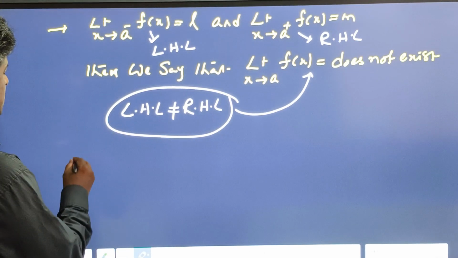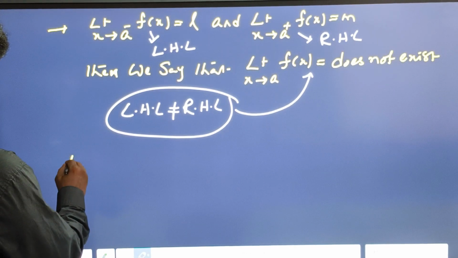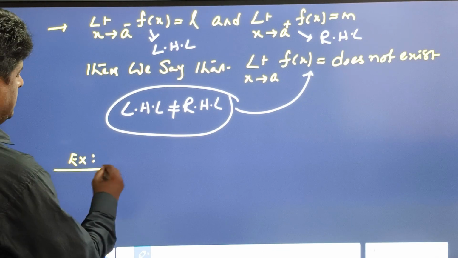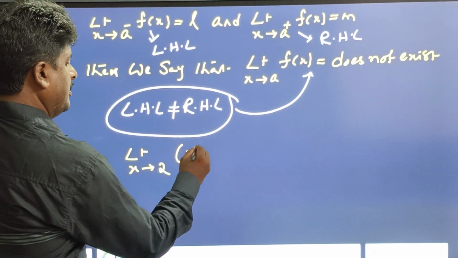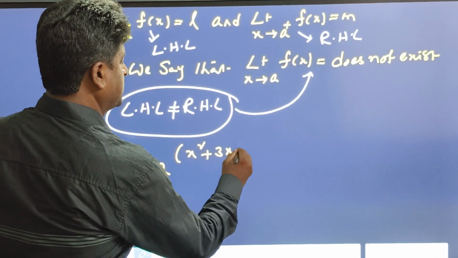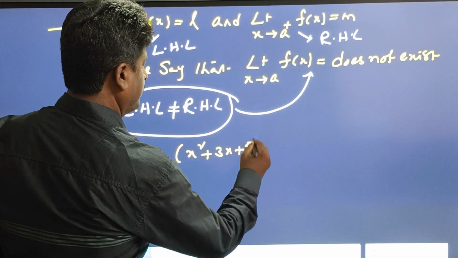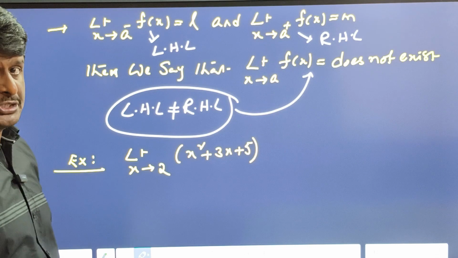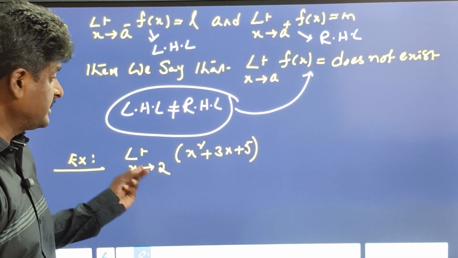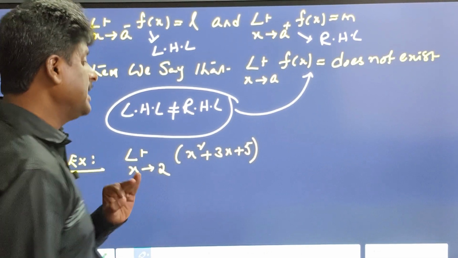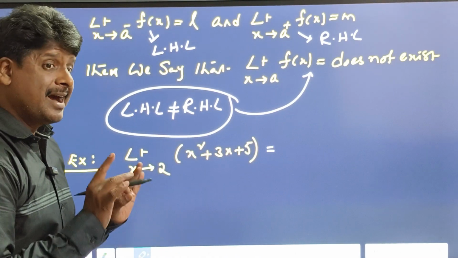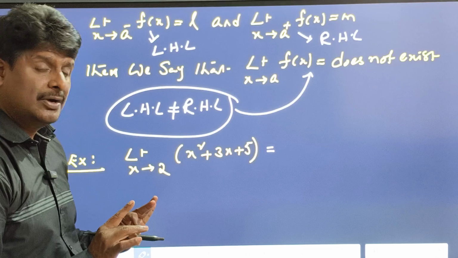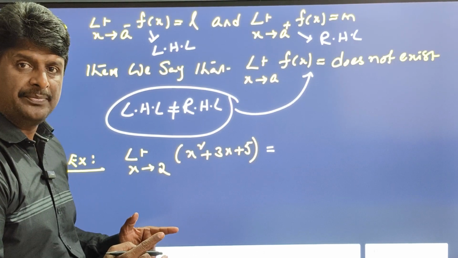Okay, see, limit x tends to 2 of x square plus 3x plus 5 can be found by writing 2 in place of x, unless we get an indeterminate form.